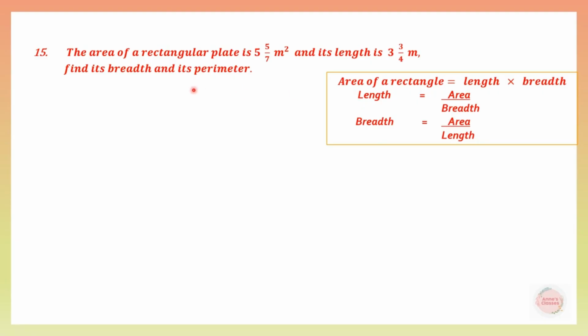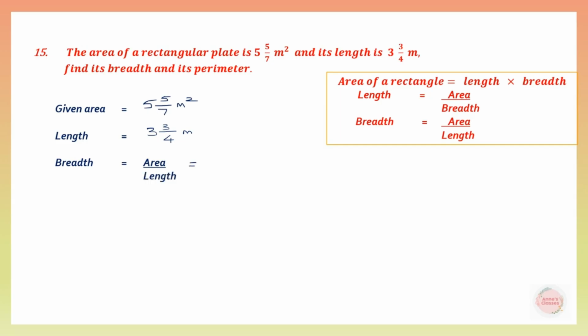So here, first thing we need to find is the breadth. So what is given to us? Let's write. Given area is 5 by 7 meter square. We are also given the length, which is 3 by 4 meters. Now we have to find the breadth using the formula area by length.